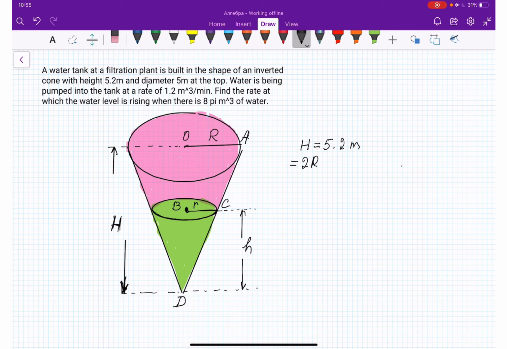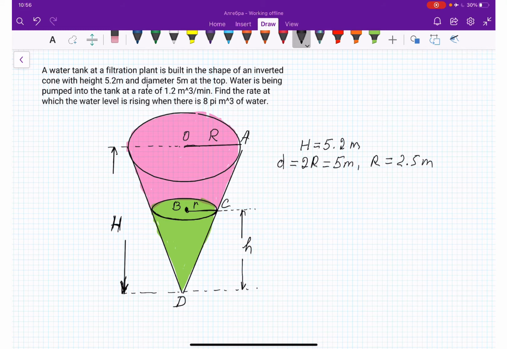Right down here, diameter is equal 5 meters. From here, I'm going to put R is equal 2.5 meters because radius is a half of diameter. Okay, at the top, we have it. It's right here.